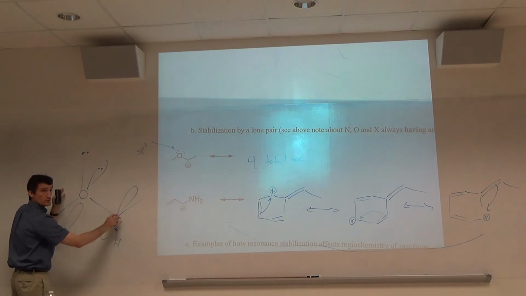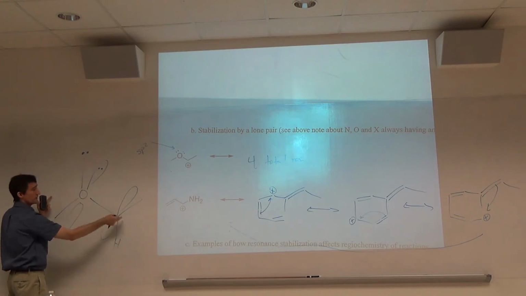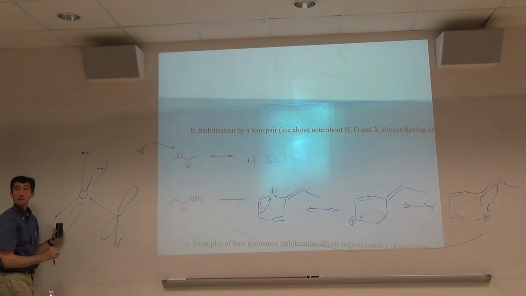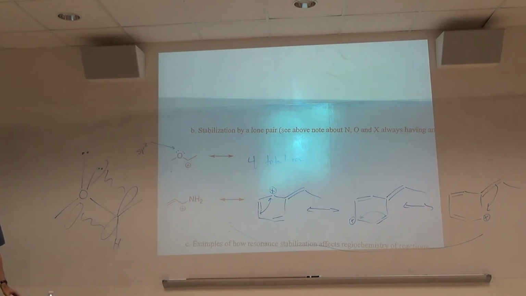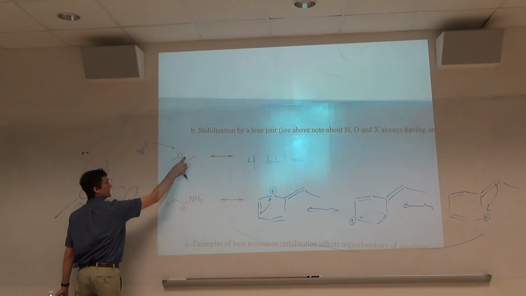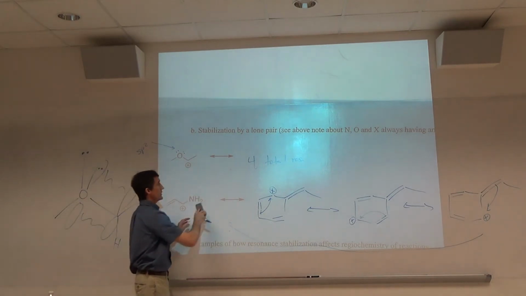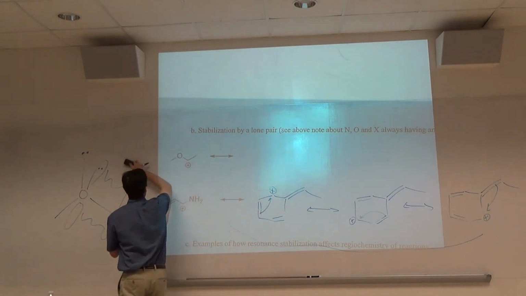See the sigma framework, trigonal planar? P orbitals left over. Why does this lone pair want to be in a p orbital? So it can pi bond. We learned that 2 weeks ago. See, there's really pi bonding between here. Let's show the pi bonding by showing a resonance structure.